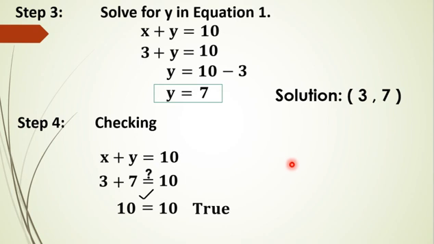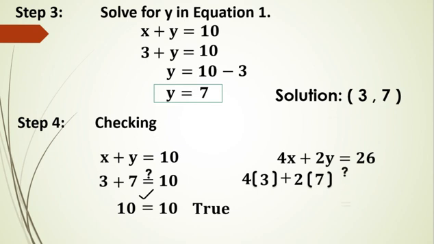How about the second equation? 4x plus 2y equals 26. Replace x by 3 and replace y by 7. We have 4 times 3 plus 2 times 7 equals 26. 12 plus 14, is it equal to 26?